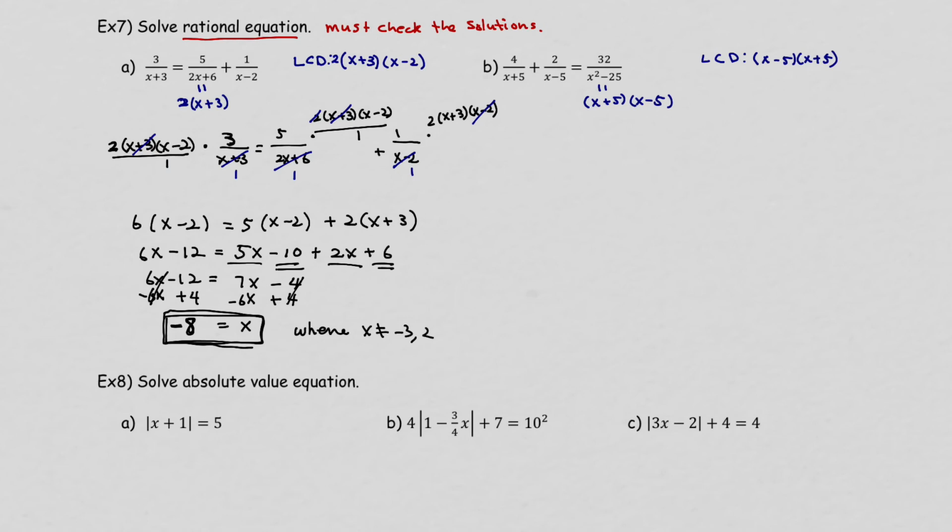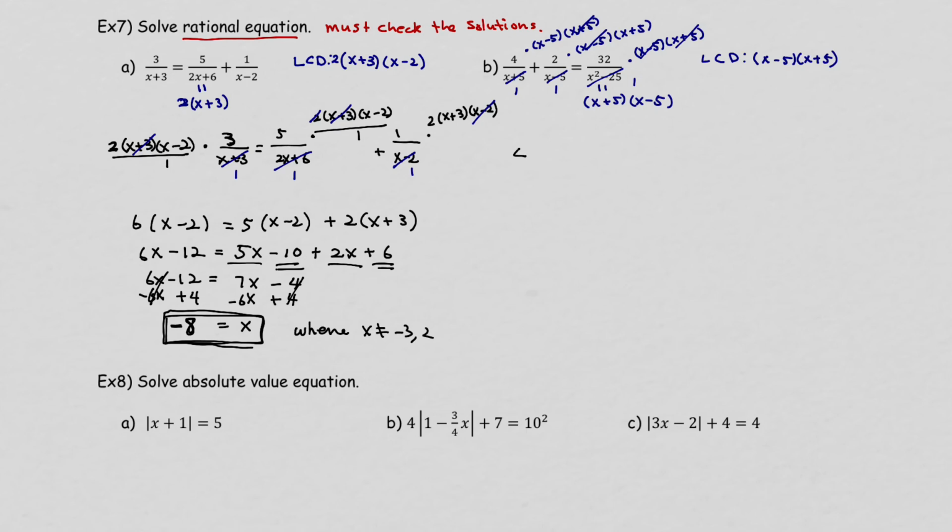Then when you multiply that to here, x plus 5 cancels out one denominator, x minus 5 cancels out the other denominator. So no more denominator.